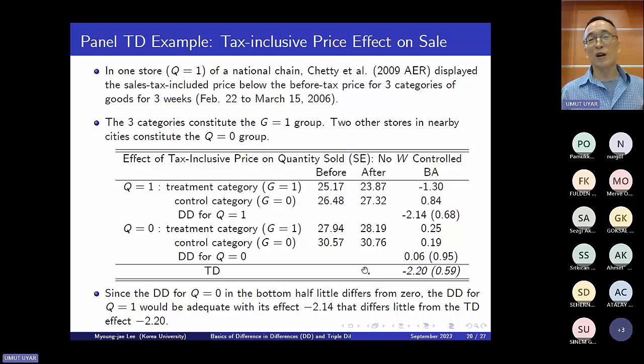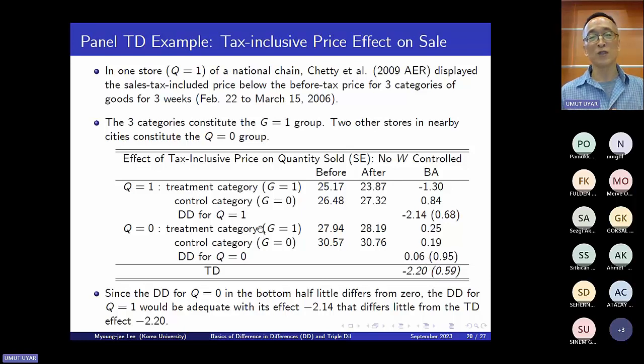Here, let me point out one aspect. Since this DD for Q0 has nearly zero effect, in fact, this TD effect is the same as this DD effect for Q1. And this shows that in this particular study, TD is unnecessary.